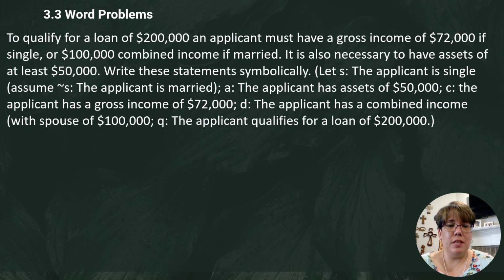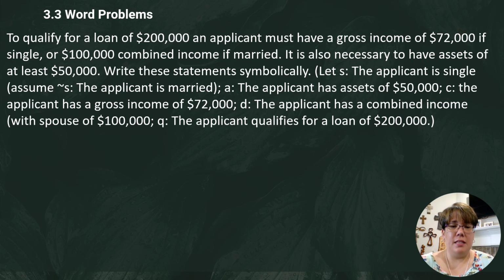So this problem says, to qualify for a loan of $200,000, an applicant must have a gross income of $72,000 if single, or $100,000 combined income if married. It is also necessary to have assets of at least $50,000. Write these statements symbolically. S is the applicant is single.